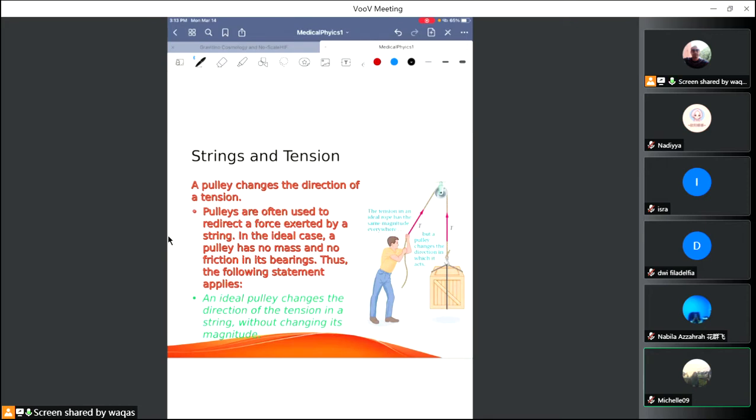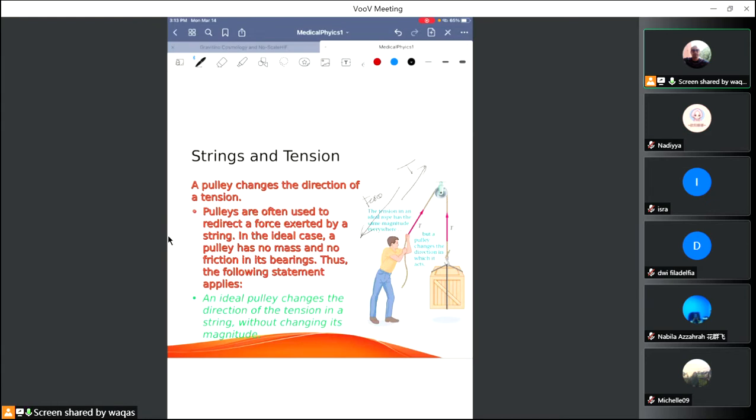Now, again the example which I gave you before: this is a box and this is a pulley, and someone applies a force in this direction. So the tension is in this direction.